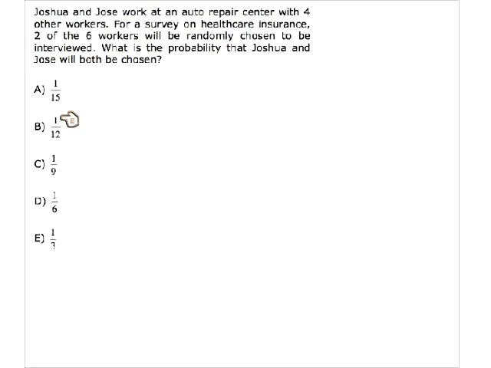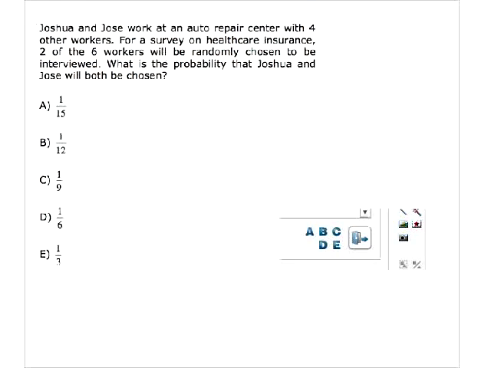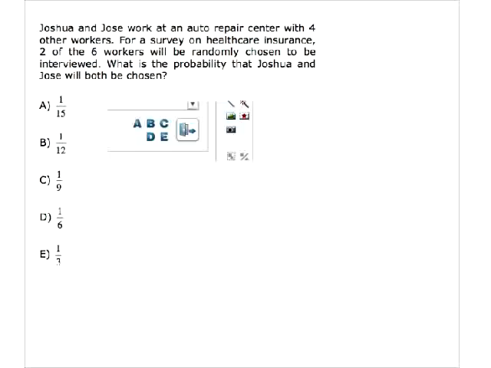Please use these buttons right here. Here's your stopwatch. I'll give you a little bit less time because this problem's not as long as the others. Go for it.